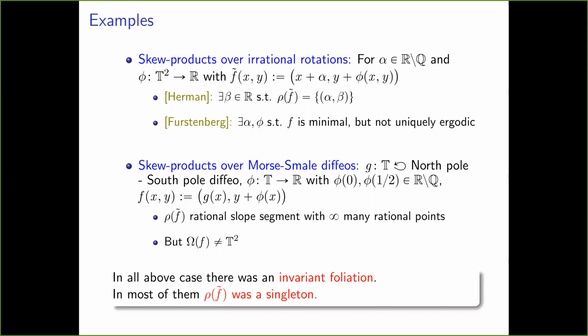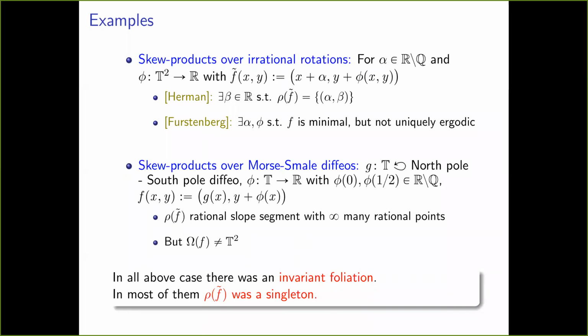It is important to notice two things: in all the cases I mentioned here, we have an invariant foliation, and in most of the cases the rotation set is a singleton. These are two aspects that I want to point out, because I want to discuss them in more detail.